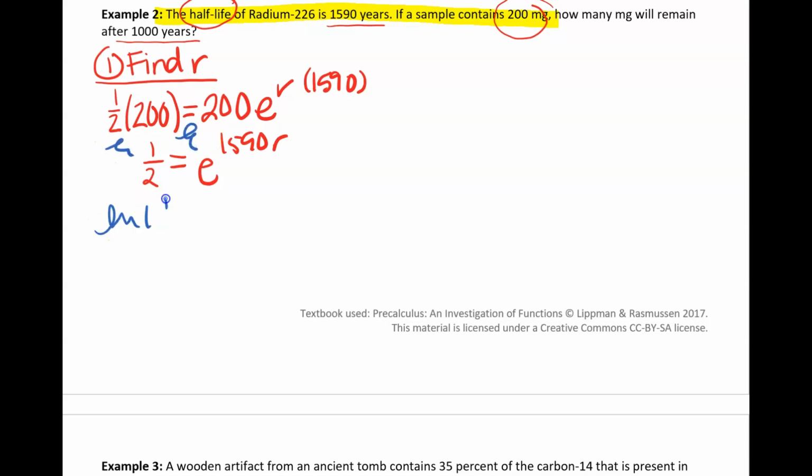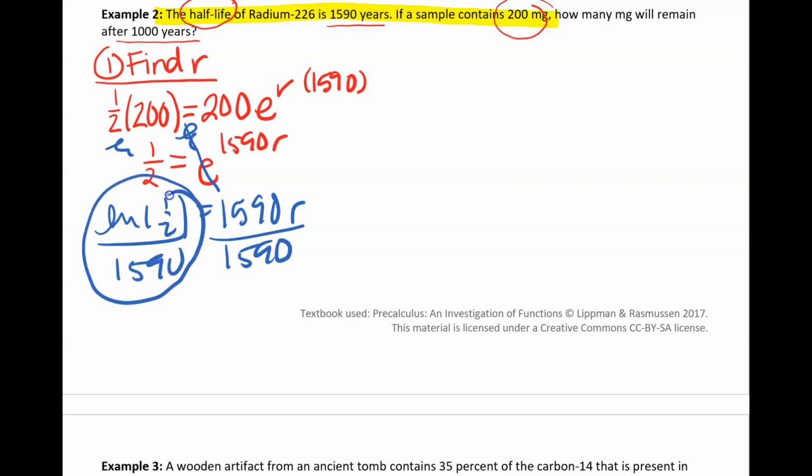So it gives me ln of 1/2 is equal to ln E cancels out, so 1590 R, and divide by 1590. So very similar to what we were doing in the previous one, but it was a half-life instead of a doubling.